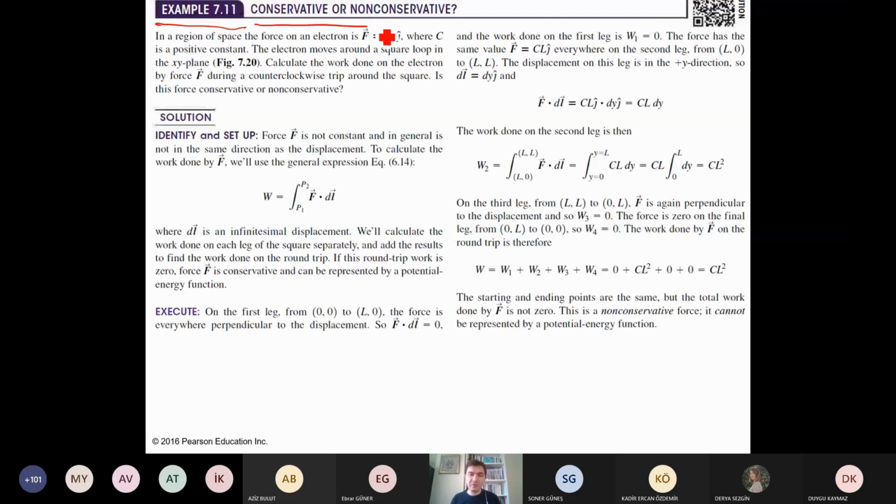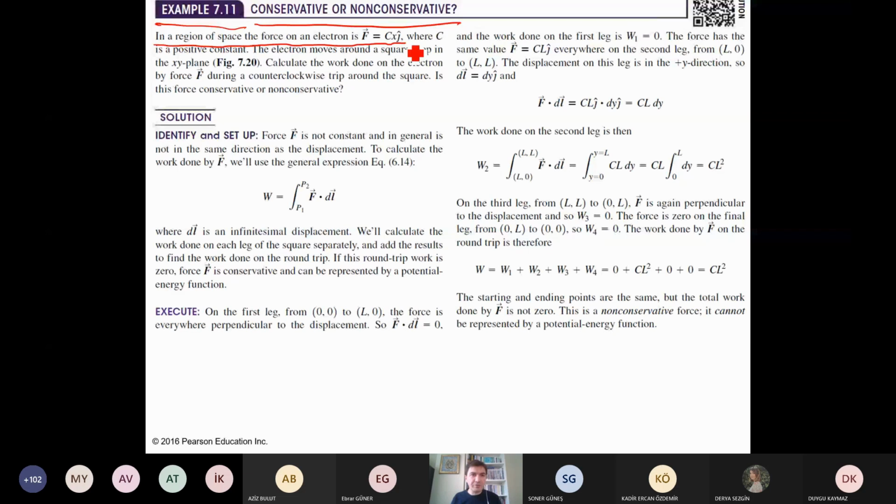So there will be a force, and then we will decide whether this force is conservative or non-conservative. Here we have a question. In a region of space, the force on an electron is given by F equals c times x times j, where c is a positive constant.